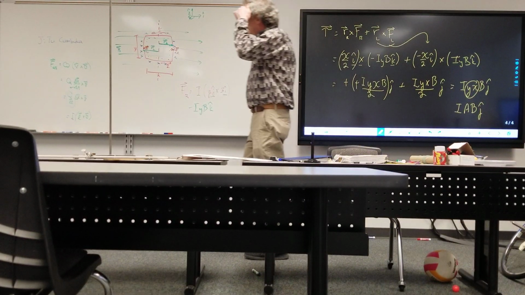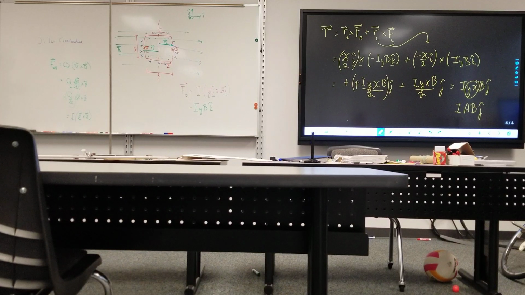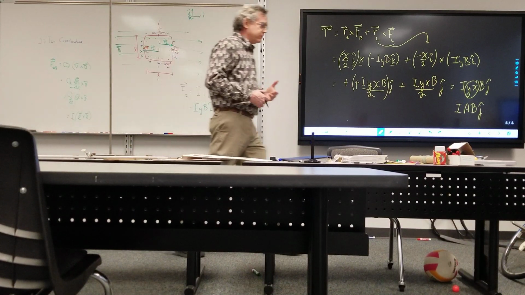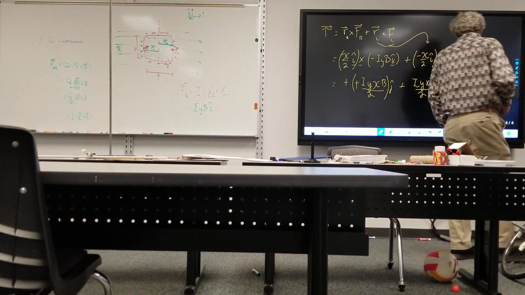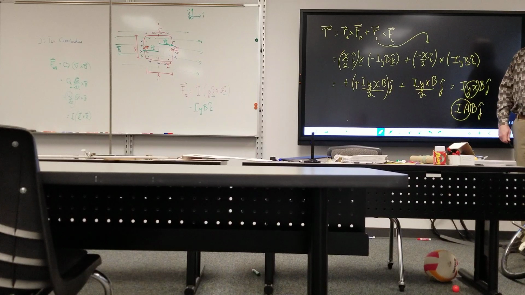Part of the reason I'm going over this is to refresh our memories of torque, push our understanding of this relationship with the magnetic field, and reinforce it. But also, I times A, the current.